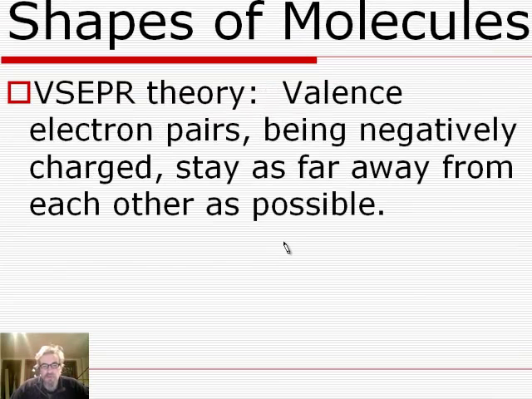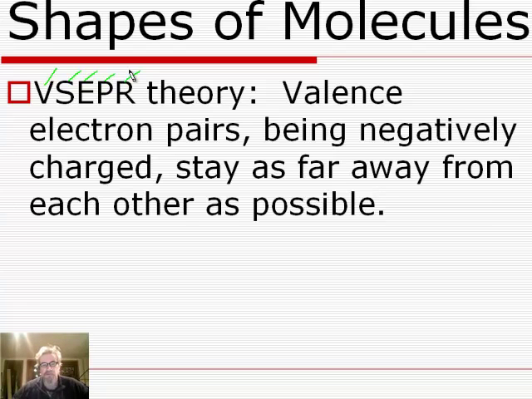The process that we use to do this is called VSEPR theory, and VSEPR stands for valence shell electron pair repulsion theory. You don't have to remember what all those letters stand for, but here's the basic idea behind it. Valence electron pairs are all negatively charged. Things that are like charged don't attract, in fact they repel each other.